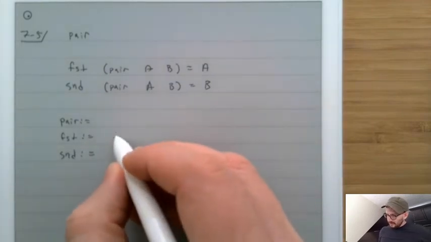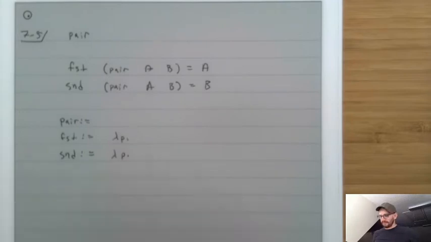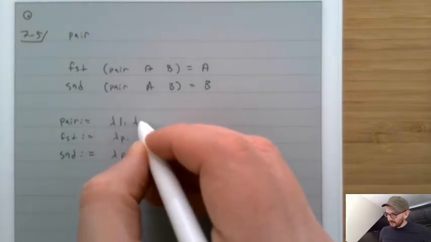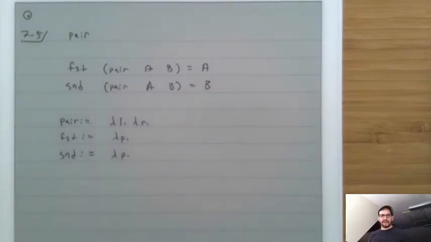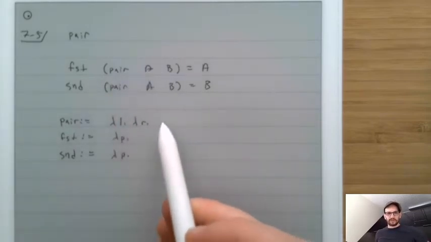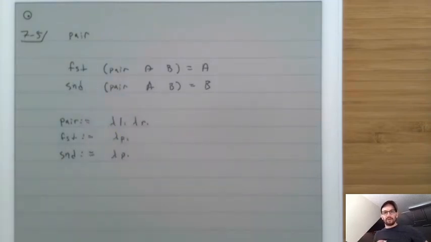Well, first and second are both going to take as arguments pairs. And pair is going to take as one argument the left thing and one argument the right thing. Okay, now how are we going to relate these together? Well, it's actually quite easy, because basically what a pair does is it's going to remember the two arguments, which it's going to do inside of this closure, and then wait for first and second to say which one it wants.